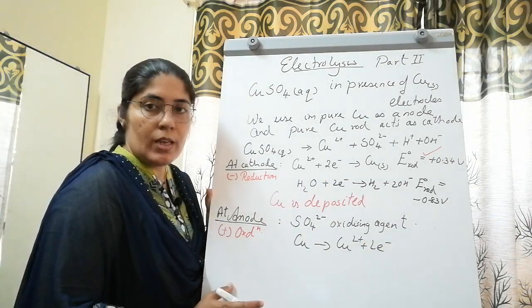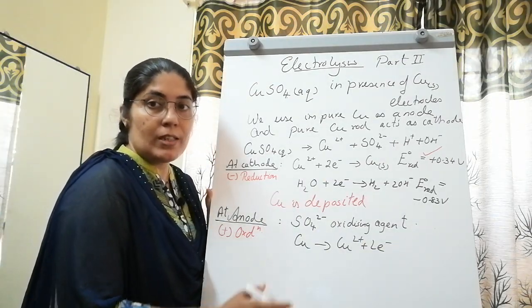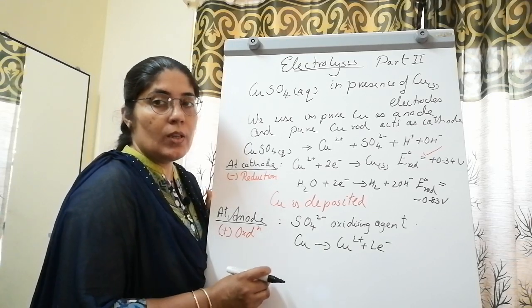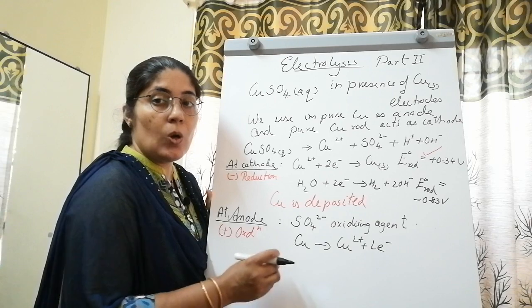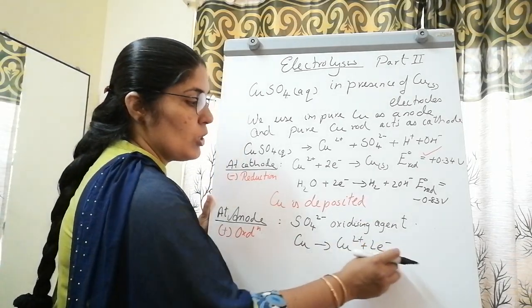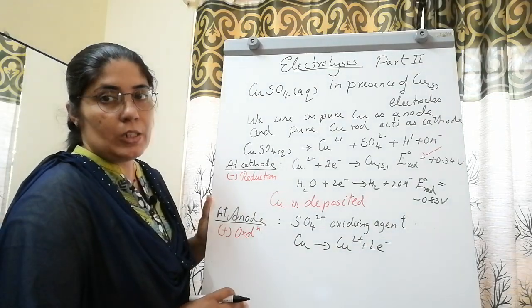Instead of any other oxidation reaction taking place, not even the water is getting oxidized here, you can see that the oxidation takes place of the copper rod itself, which is converted into Cu2+ plus 2 electrons.